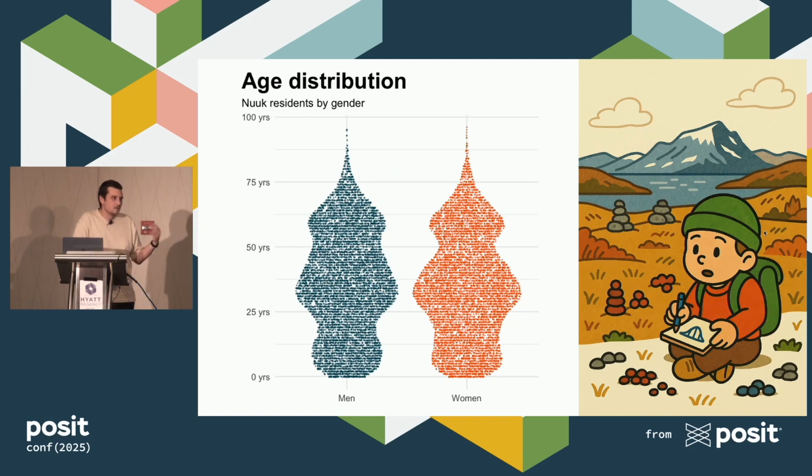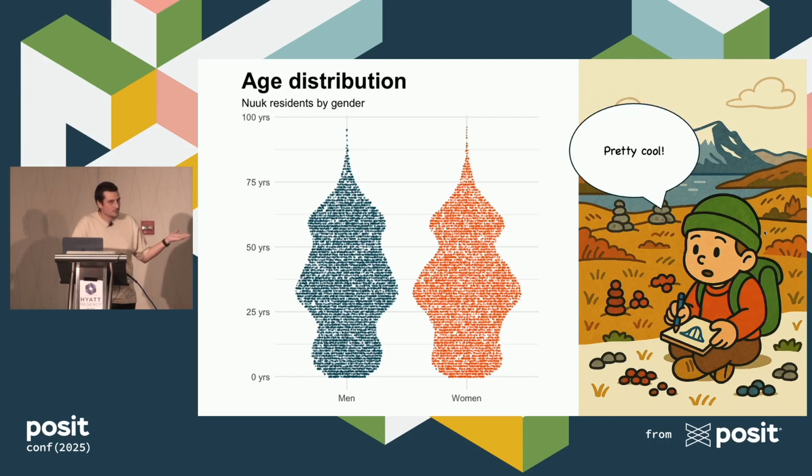So instead, what I do is a compromise between the point diagram and the violin, where all the points are scattered within the boundaries of a violin plot. And I think those plots are pretty cool. I would definitely show this to some people, especially because it looks nice and it tells the story for me.